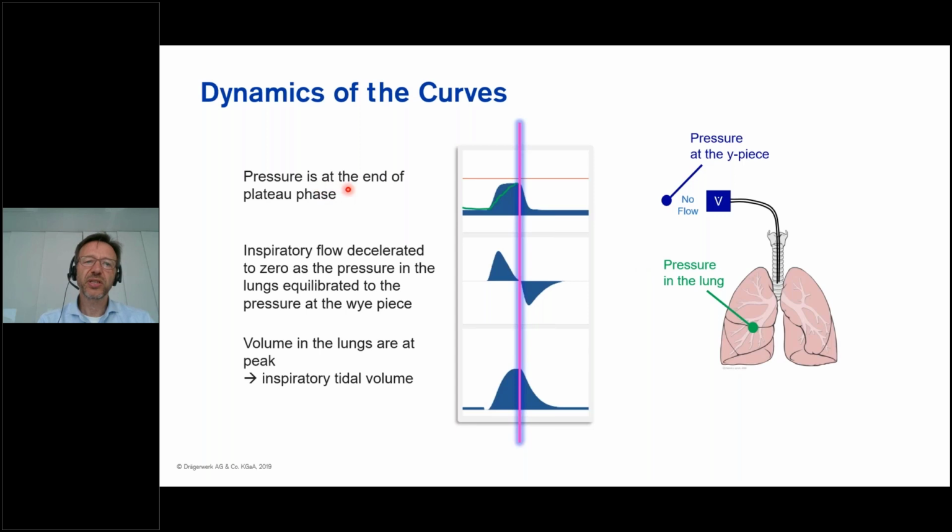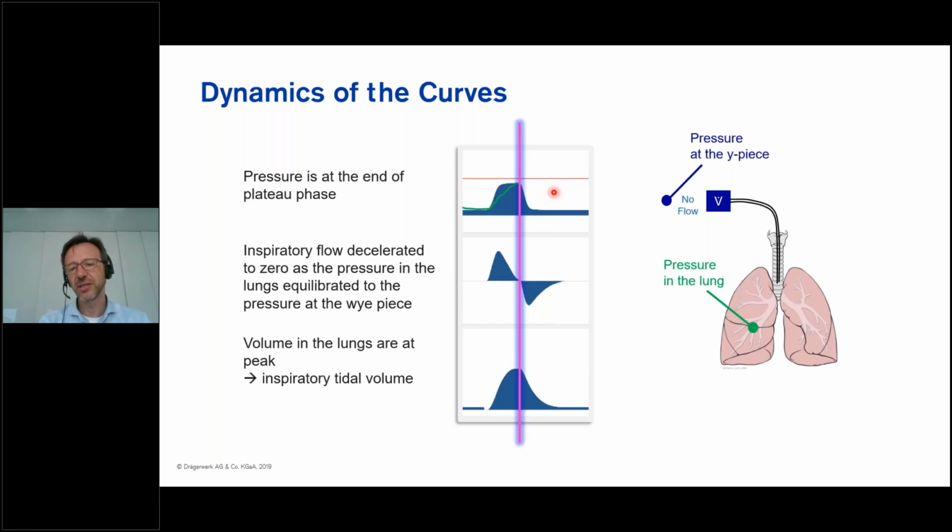The pressure is at the end of the plateau phase, and we see that the airway pressure at the airway opening increases pretty fast and stays at this plateau level for a longer time. However, the lung needs more time to equilibrate to this pressure. So the green curve is a little bit delayed following the pressure at the Y-piece. The reason is simply that the lung needs some time to equilibrate, and therefore the flow needs some time to really fill the lung.